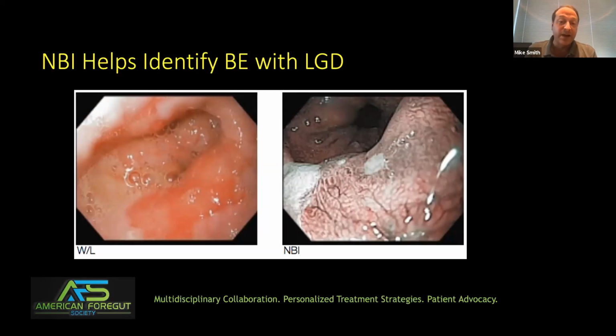From the left side to the right side, you can see the Barrett's area in both, but the ability to see that vascular pattern and the mucosal pattern difference in that focal area down towards the bottom of the screen is going to have you target that area for a specific biopsy. That change is really only very subtle on the high definition white light image and likely to be missed even if you take all that Barrett's inspection time that Dan was talking about.